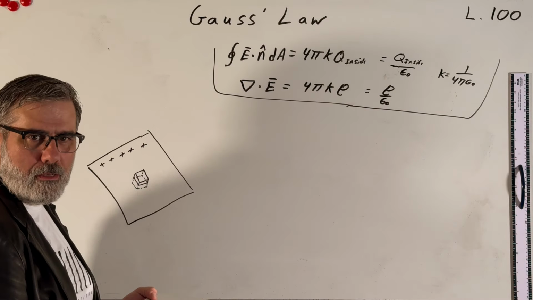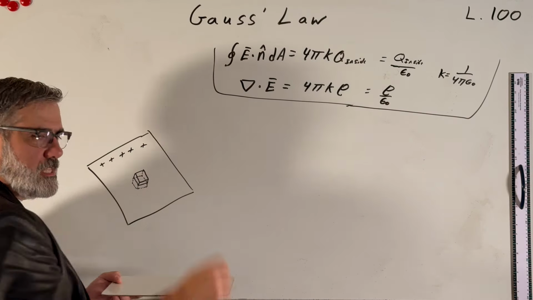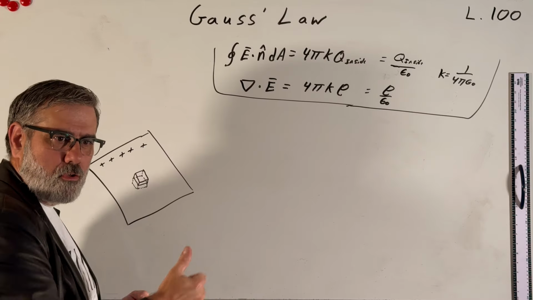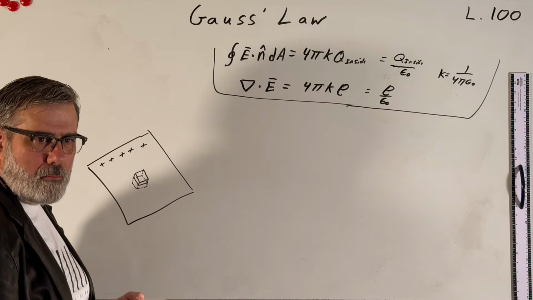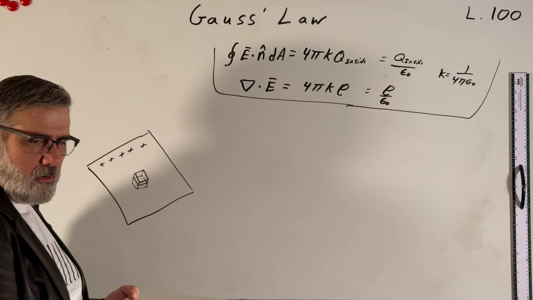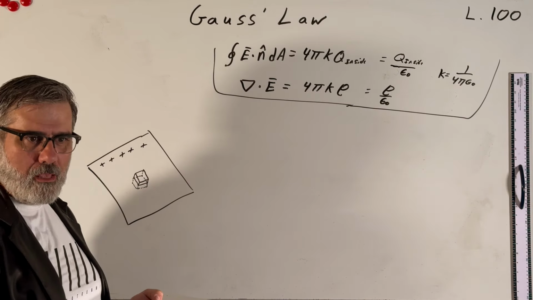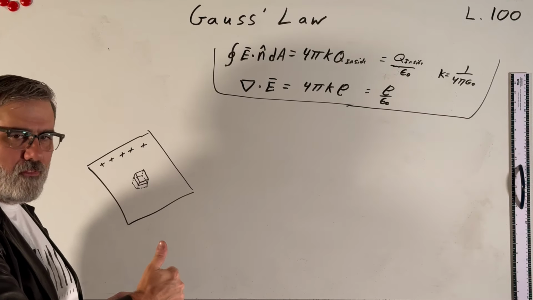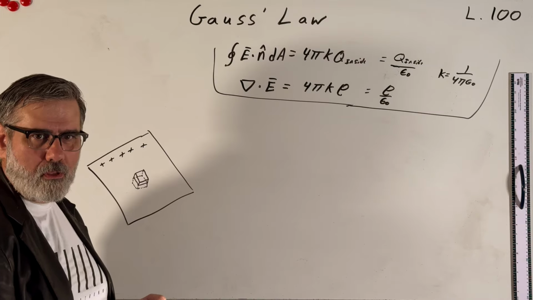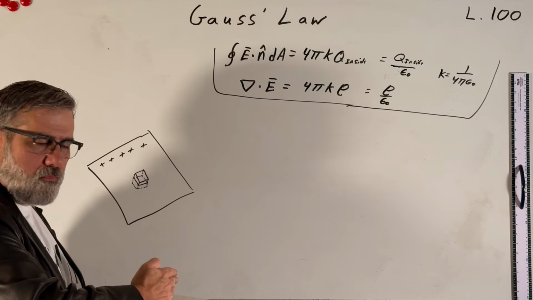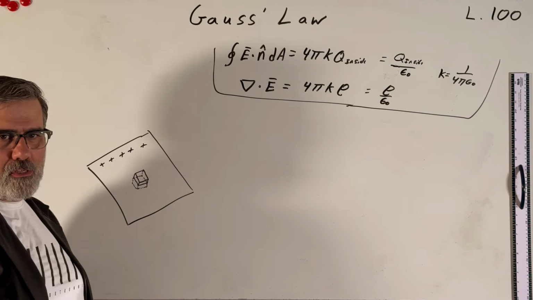It's not passing through the sides at all because the sides are parallel to the direction of the electric field. Remember, when we lay charges down on a surface and allow them to distribute themselves uniformly, they will have a field which is normal to that surface, just like the walls of my little Gaussian box.